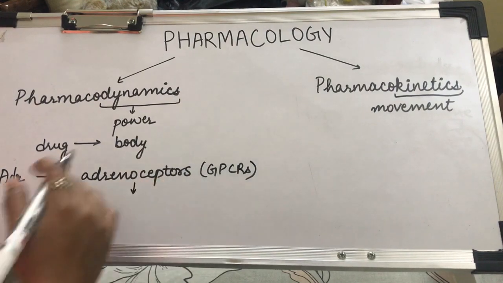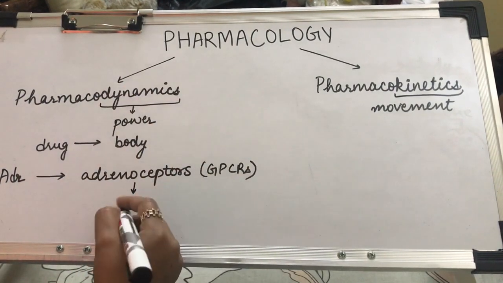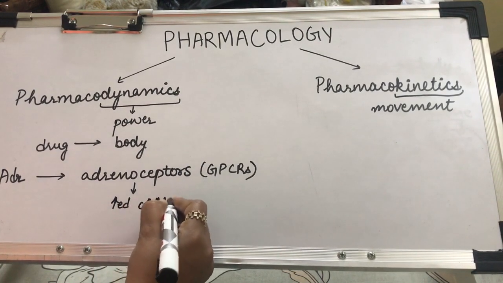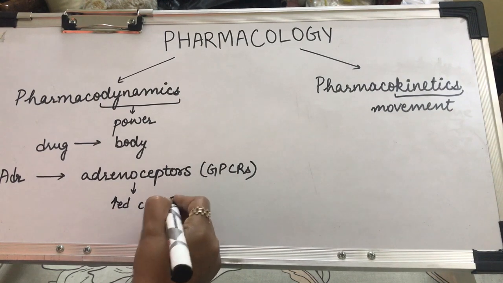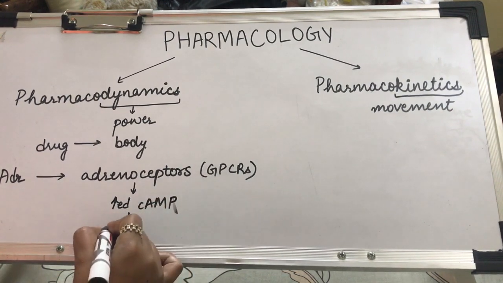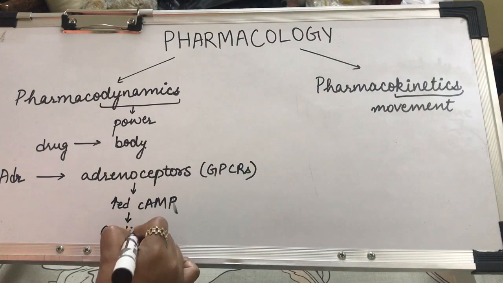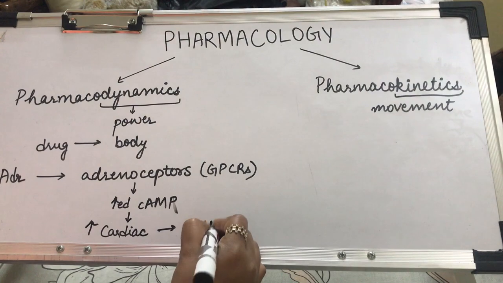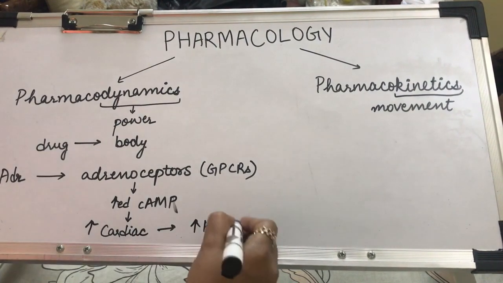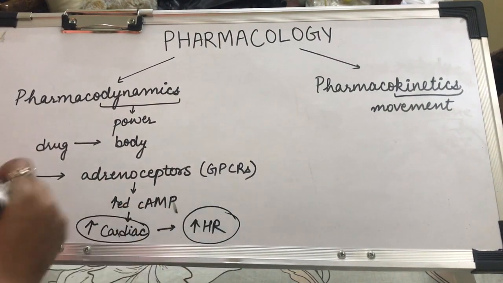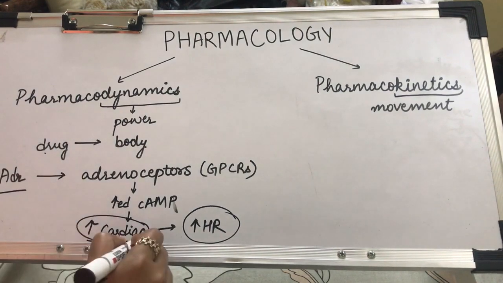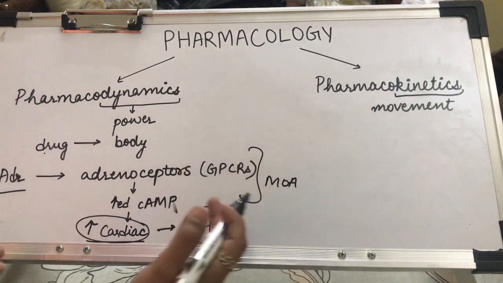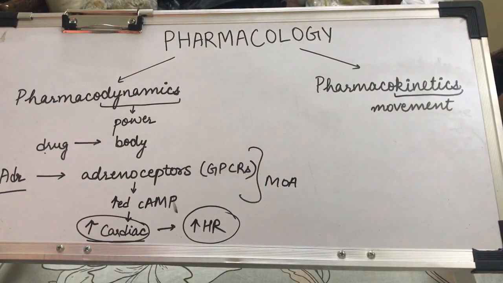What their mechanism of action is going to be, they are going to increase cyclic AMP, and they are going to cause cardiac stimulation, and there will be increased heart rate. So this drug will be producing this effect via this mechanism of action. This is the pharmacodynamics of the drug.